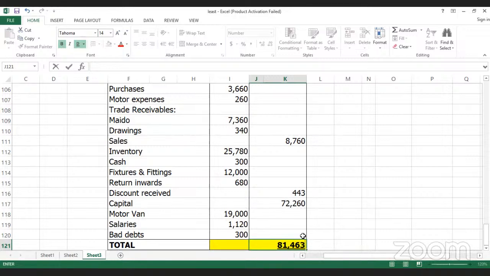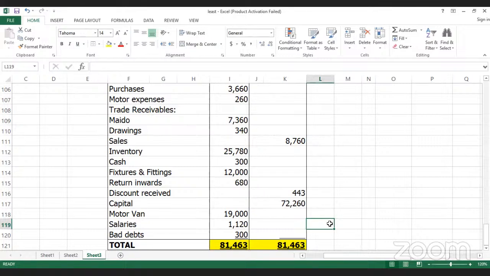Now members, confirm if that's the debit side also. I have 81,463. This is perfect, 81,463 debit. So members, that is your trial balance.